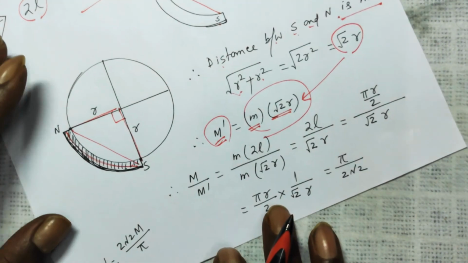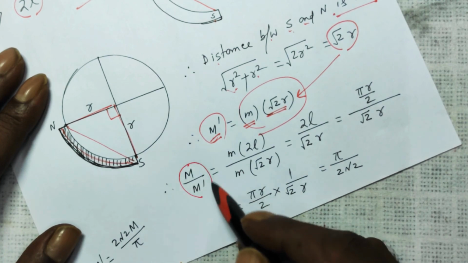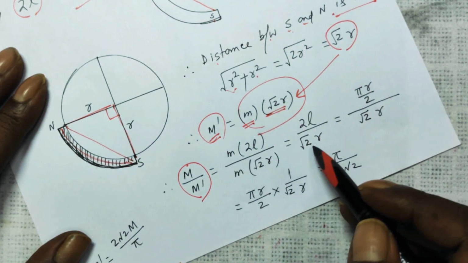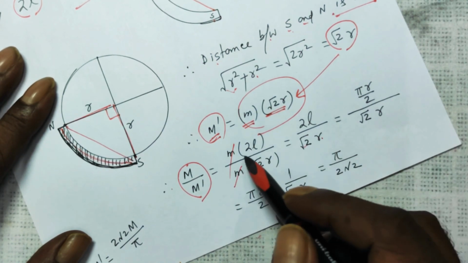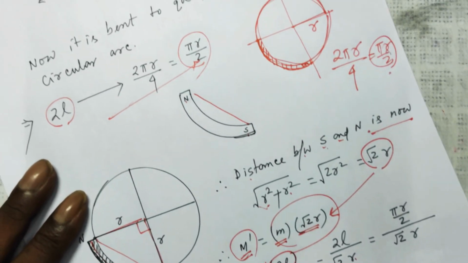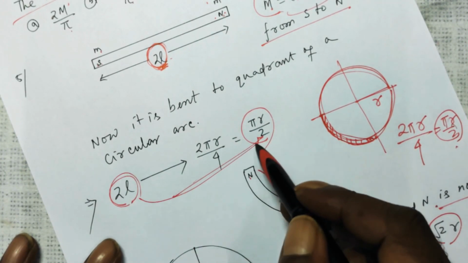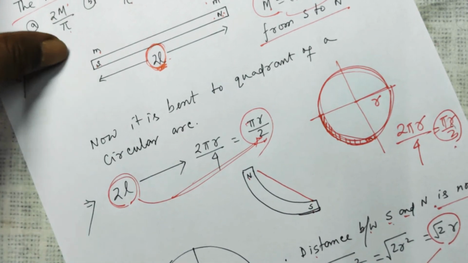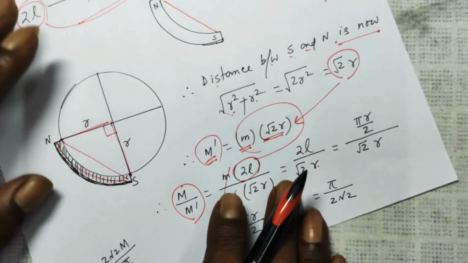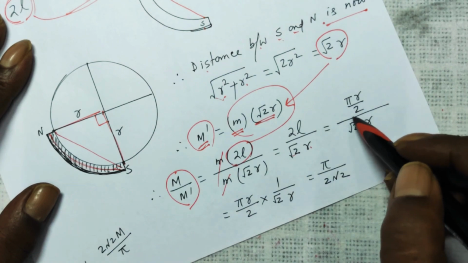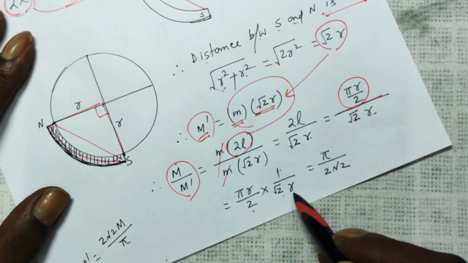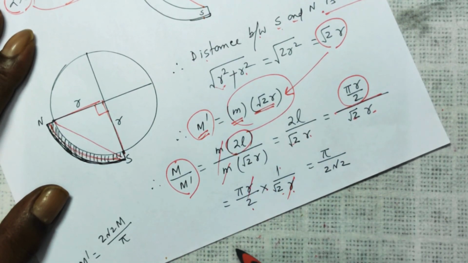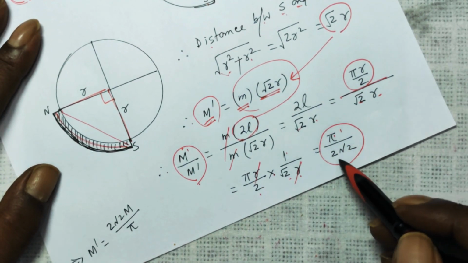So M over m dash is equal to, putting the values, m cancels, so 2l over root 2 r, and your 2l is now pi r by 2 because it is bent to a quadrant of a circle. So for 2l, I put pi r by 2 divided by root 2 r, that is pi r by 2 into 1 by root 2 r. So r cancels, so pi over 2 root 2. So M over m dash is pi over 2 root 2.